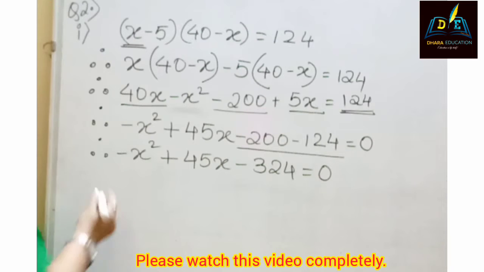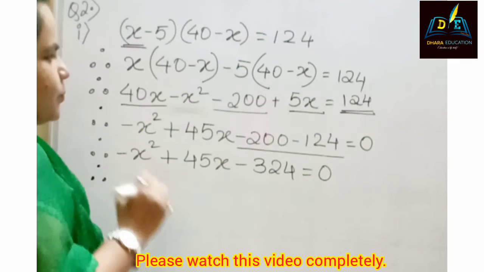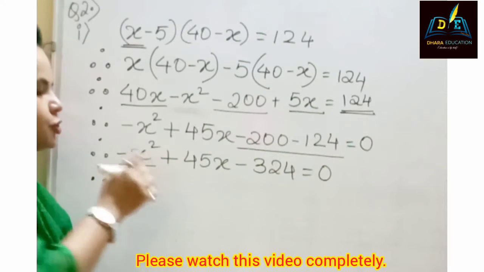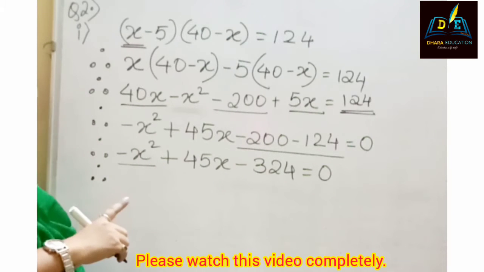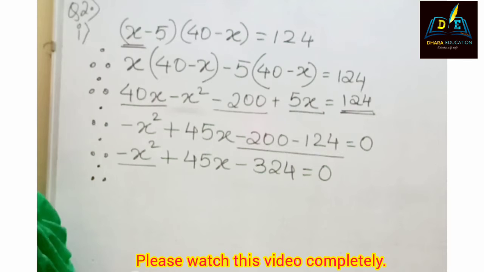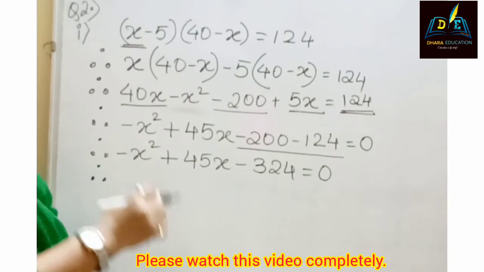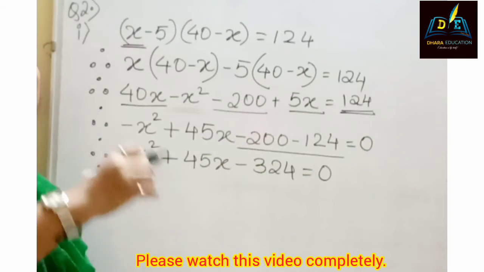Now students, a very important point: the first term should not have a minus sign, that is, it should not be negative. To overcome this situation, we need to take minus as common.